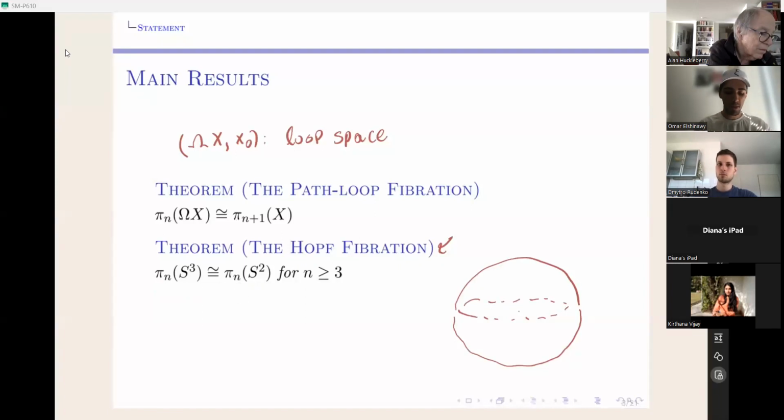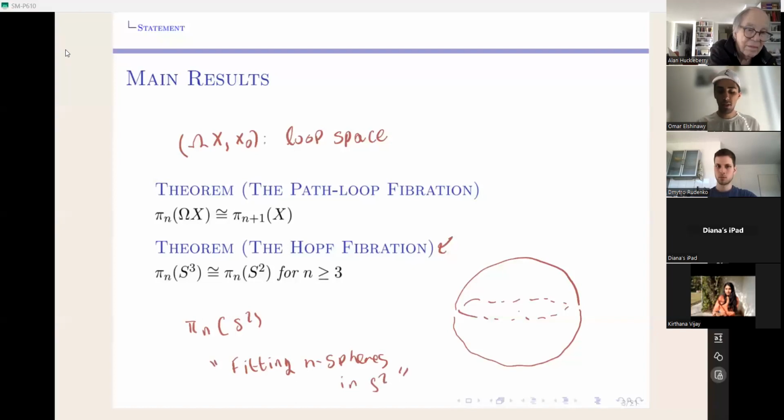So maybe this is a small refresher. Pi n of S2 means fitting n-spheres in S2. And naively speaking, loosely speaking, you would think that, okay, this is S2, you want to fit S3s inside of S2.